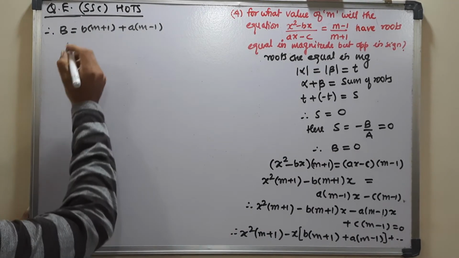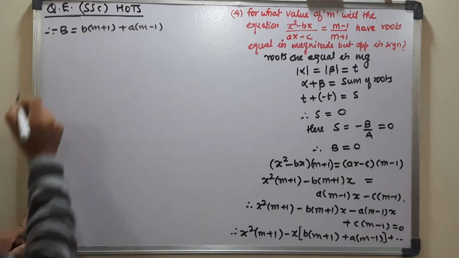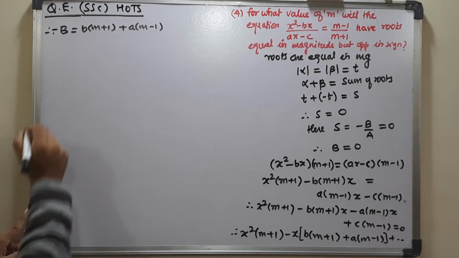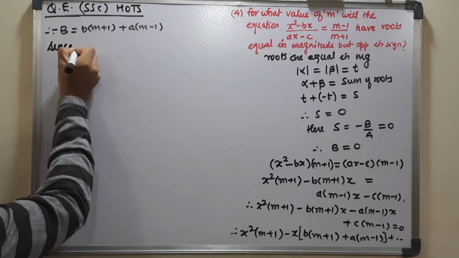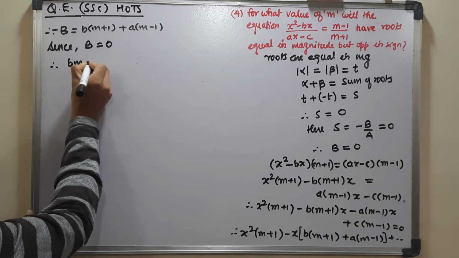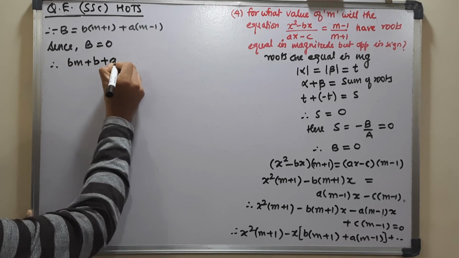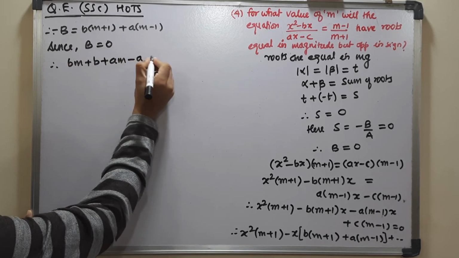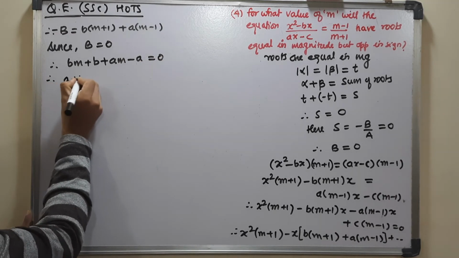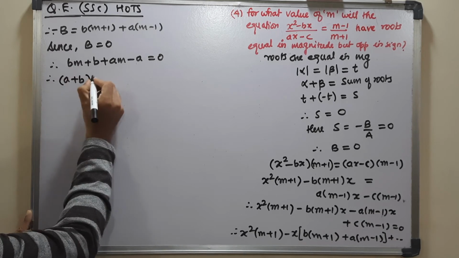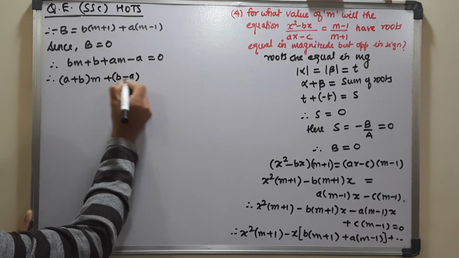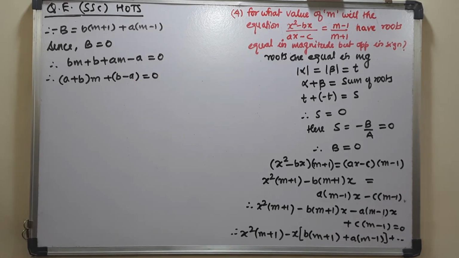But if you want, you write it like this, minus b is equal to this particular value. Now since your b is going to become 0, therefore bm plus b plus am minus a is going to become 0, which indicates a plus b common between these two, m plus b minus a is equal to 0.